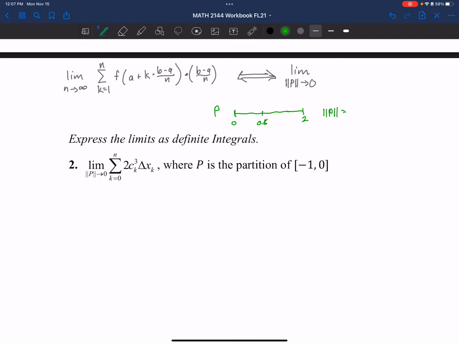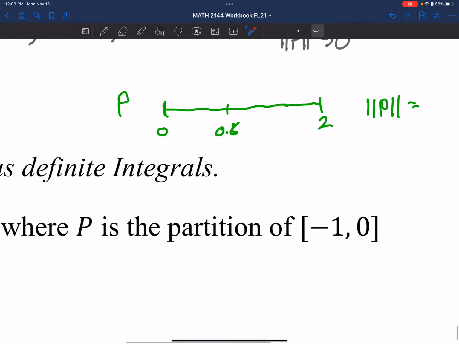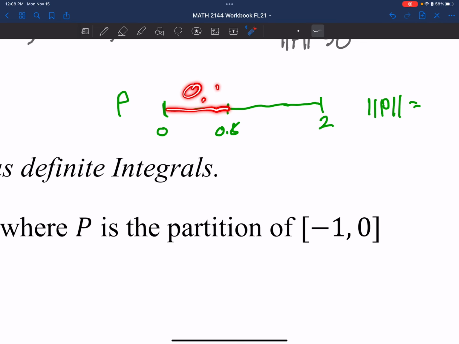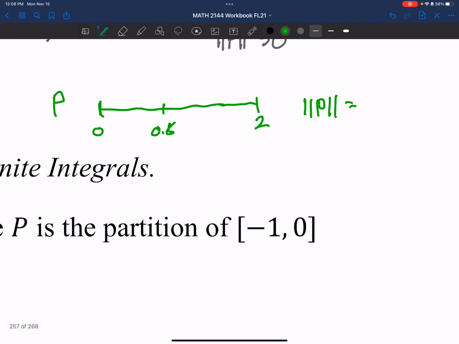If it was just partitioned into two pieces, Destiny? Anyone think they know, if that's the partition? So what is this width right here? If this width is 0.8, what is this width right here? 1.2. Which of those values is larger? So therefore the norm of that partition is just 1.2.